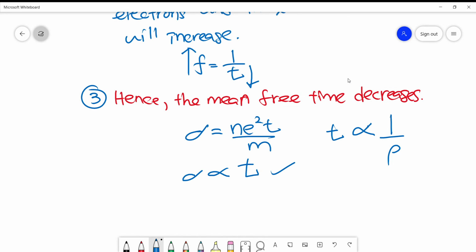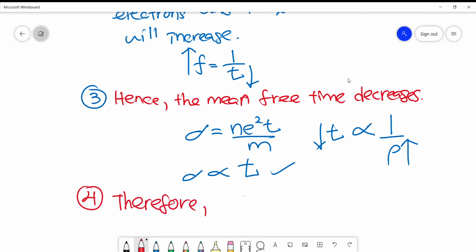And from the previous parts, if the mean free time decreases, I can conclude that the resistivity of my wire increases. Therefore, the resistivity will increase.